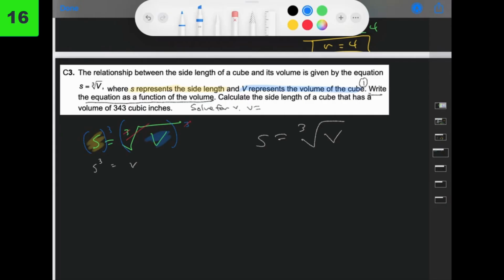So this here is an unknown, right? That's telling you S equals what? Find it, calculate it. That has a volume of 343 cubic inches. Now, don't worry about the cubic inches. Just know that V is going to be 343.